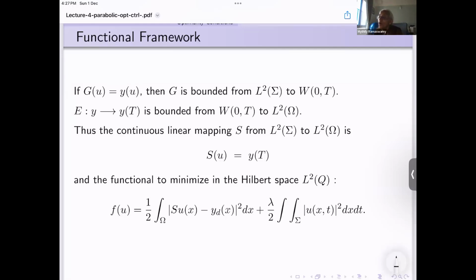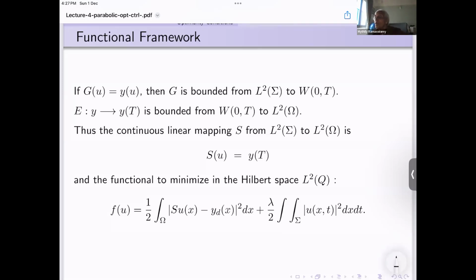So Gu, I want to write y of u. So G is bounded. Given a function in L2 of sigma, it takes it to the solution in W_0^T. W_0^T, remember, was a space of functions depending on time and space. And from there, I have to bring it to L2 of omega.